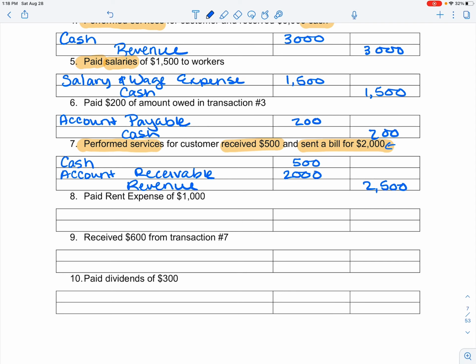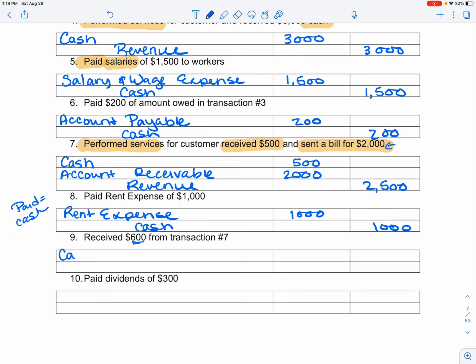Paid, again, if you see the word paid and you don't see on account, that's going to be cash. So I'm going to increase my rent expense, decrease the amount of cash I have. Two more. This one, number 9, is referring to number 7. We received cash.